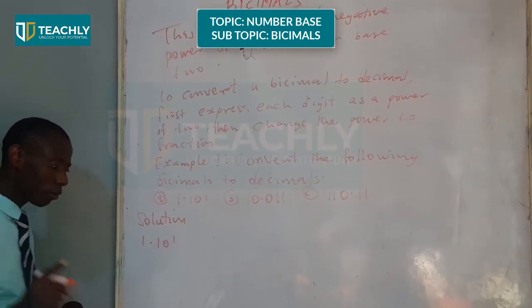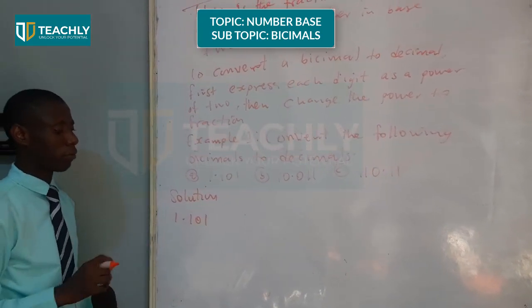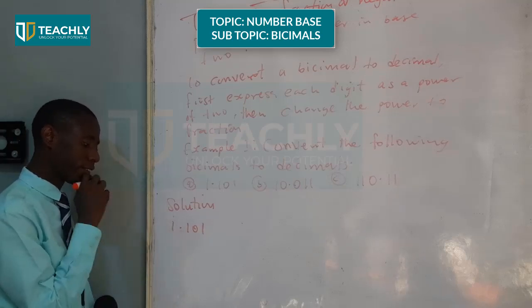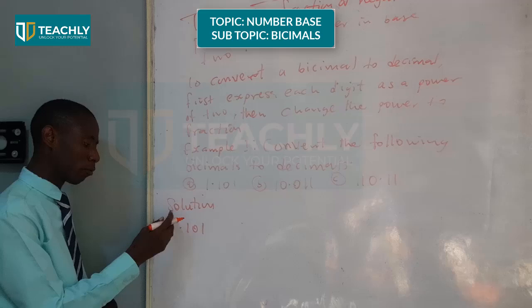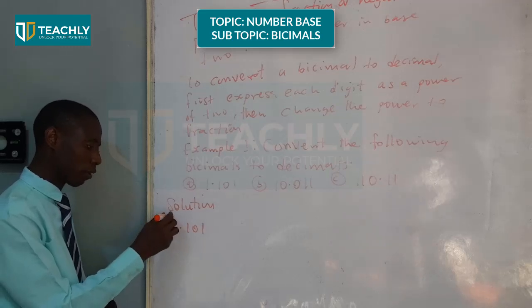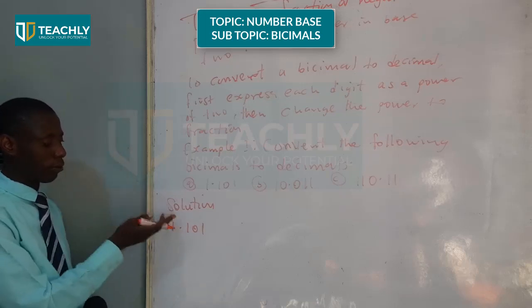You have 1.101. The first thing, like I said, is that we have to number the digits. From the right hand side of the decimal point, going left, the first digit is 0, then 1, 2, 3.